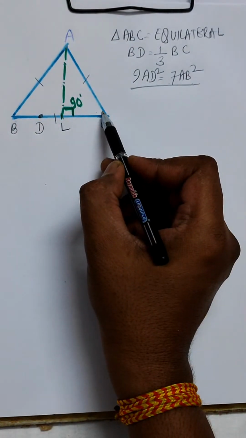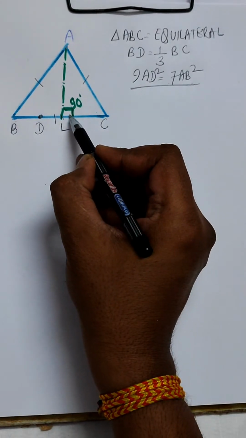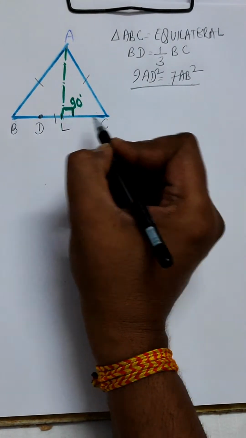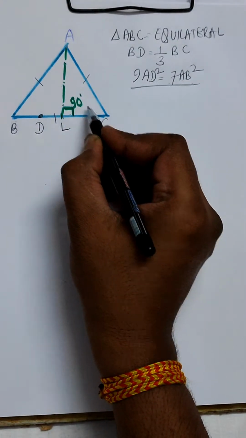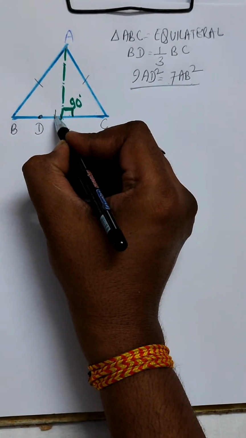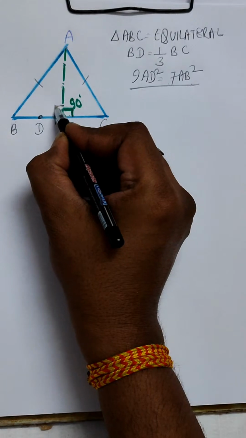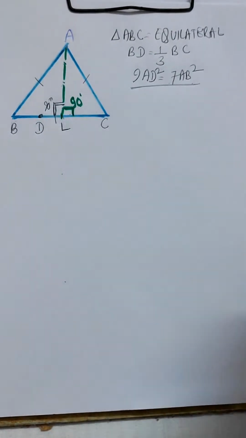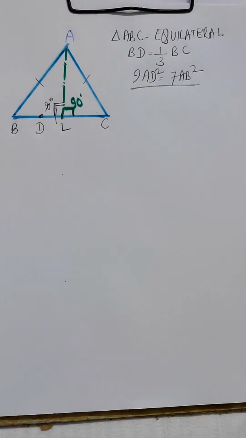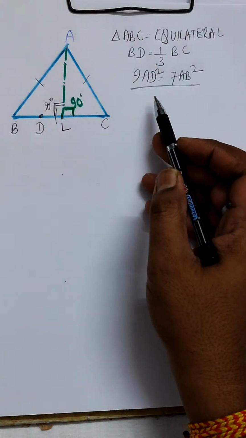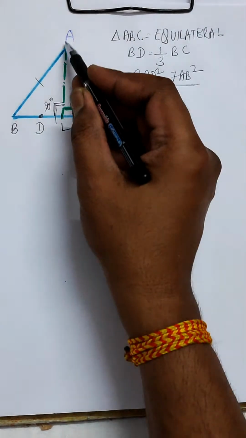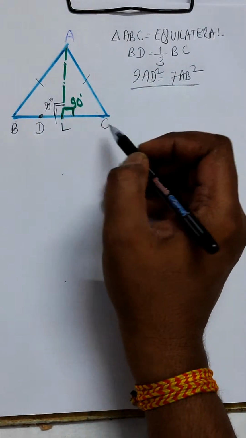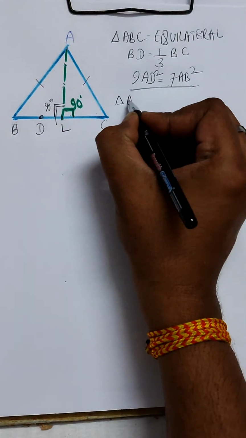Since BC is a straight line and ALC is 90, ALB will also be equal to 90 degrees.